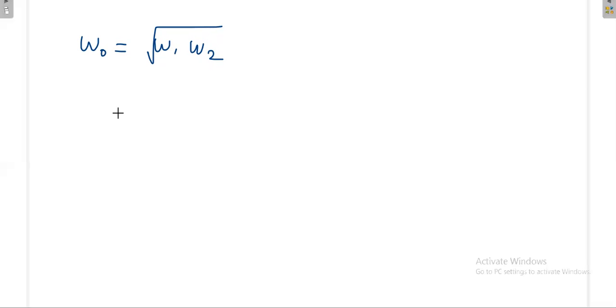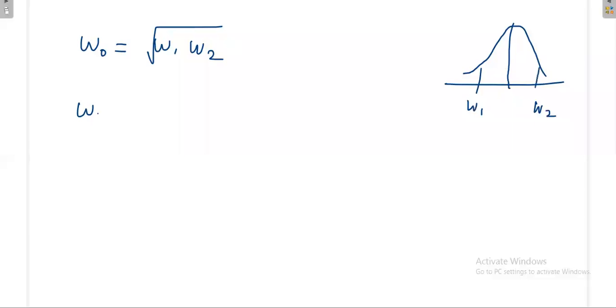Say, for example, if this is the response, your corner frequency is here, this is omega 1, this is omega 2. This is half of the bandwidth, and this is also half of the bandwidth. I can put bandwidth divided by 2 here and bandwidth divided by 2 there. Then this is omega naught.